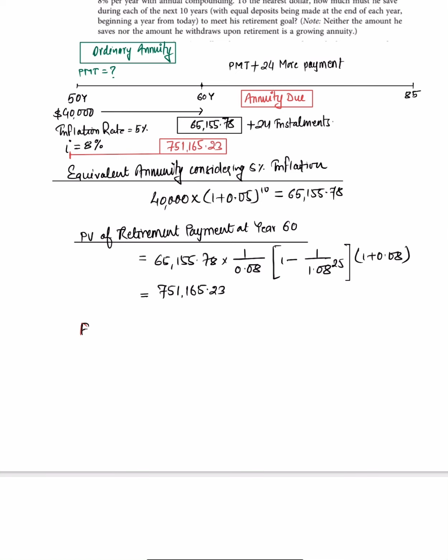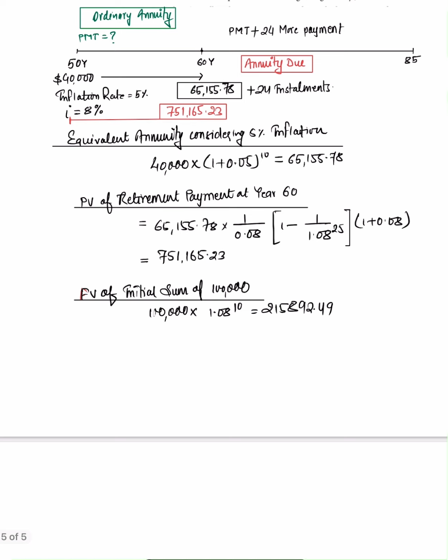Future value of the initial sum of 100,000, right? If you invest it at the rate of 8% for the 10 years, it is going to be 100,000 times 1.08 to the power 10, which is 215,892.49.